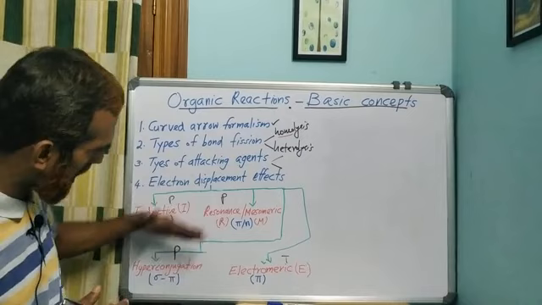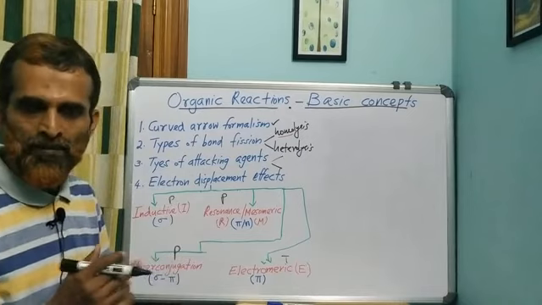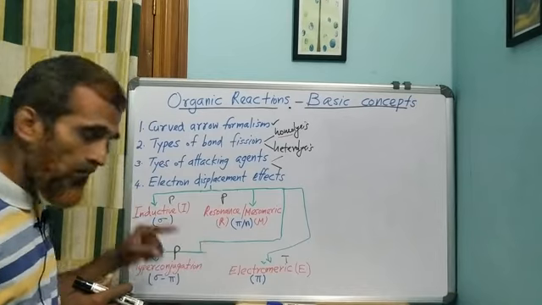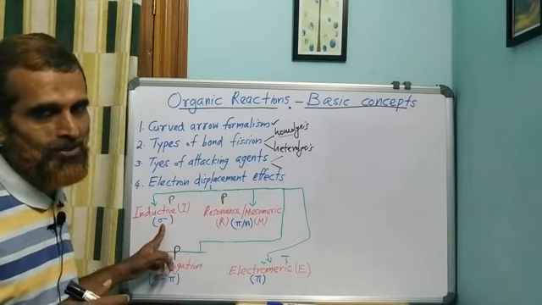Now, what are the differences between these? I said these three are permanent effects, this is temporary. Another point: the inductive effect involves movement of sigma electrons.